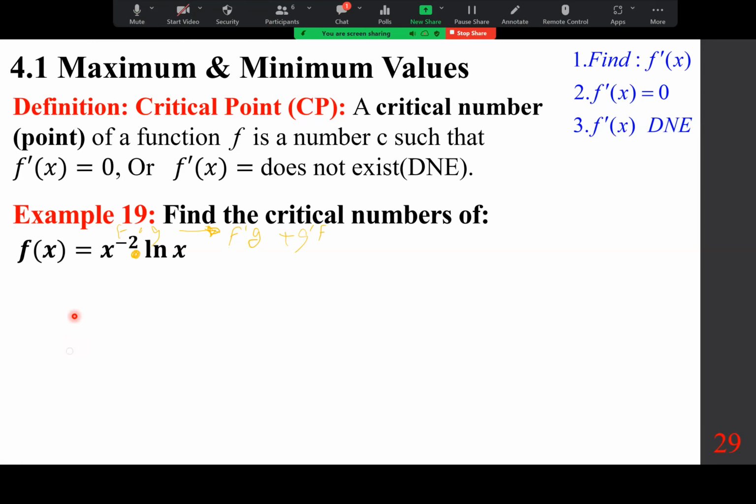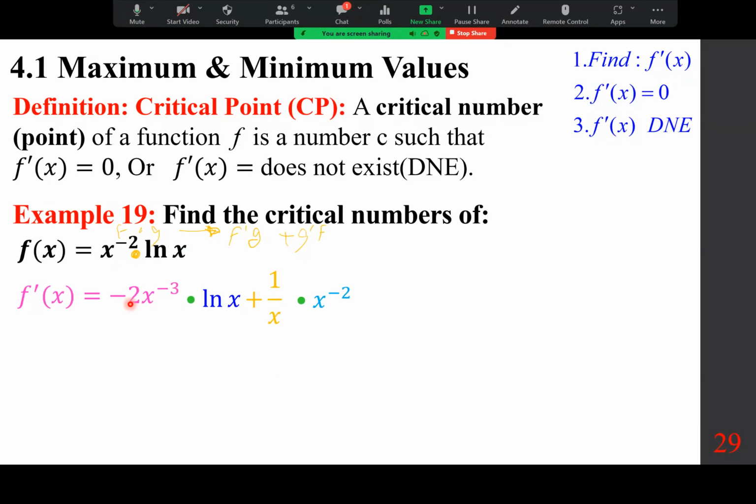So x to the power of negative 2 gives you minus 2 x to the power of negative 3, that's the power rule, times ln x, plus g prime f. The derivative of ln x is 1 over x, times f, x to the power of negative 2. And we are done. We are going to just rewrite this.